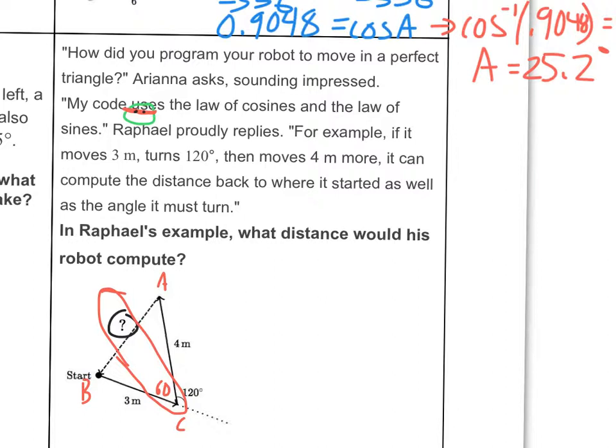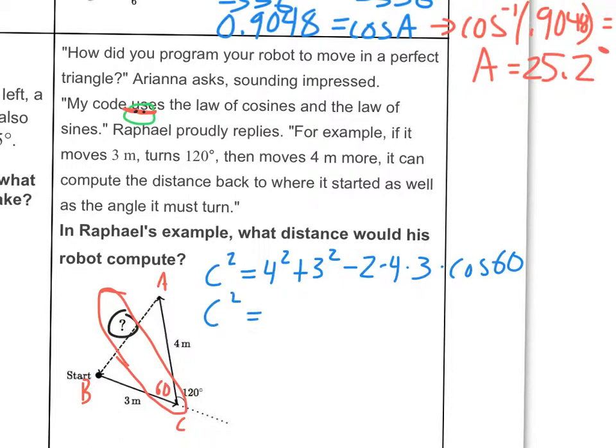And here I'm looking for C, so I'm going to use the C version. C squared is equal to 4 squared plus 3 squared minus 2 times 4 times 3 times cosine of 60. So C squared is going to be 16 plus 9, minus 2 times 4 is 8, 8 times 3 is 24, cosine 60 is a half, 24 times a half is 12.